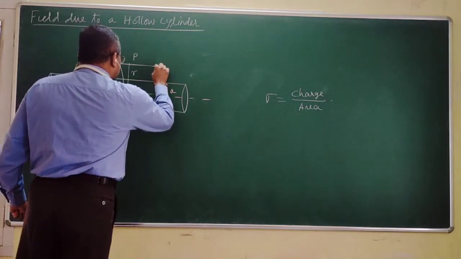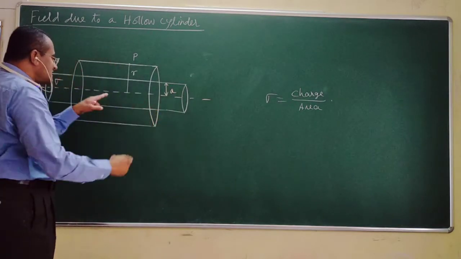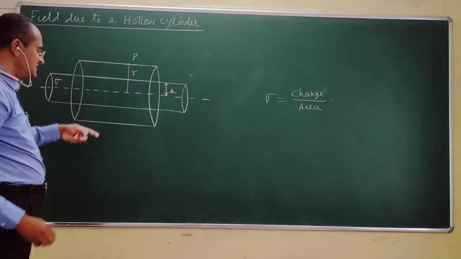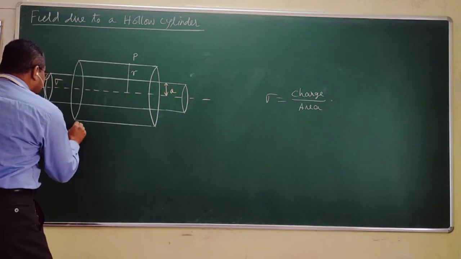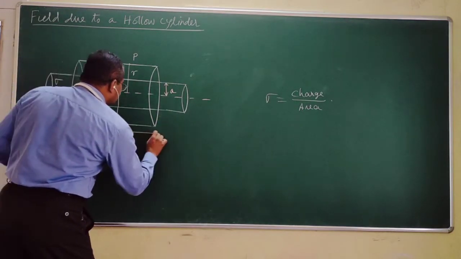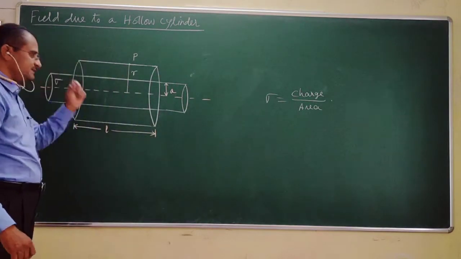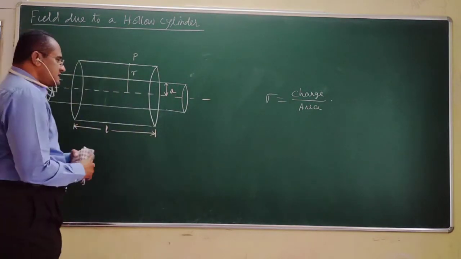This is the Gaussian surface which is coaxial with this hollow cylinder, and let the length of this Gaussian surface enclosing the hollow cylinder be L. Is that okay to you?